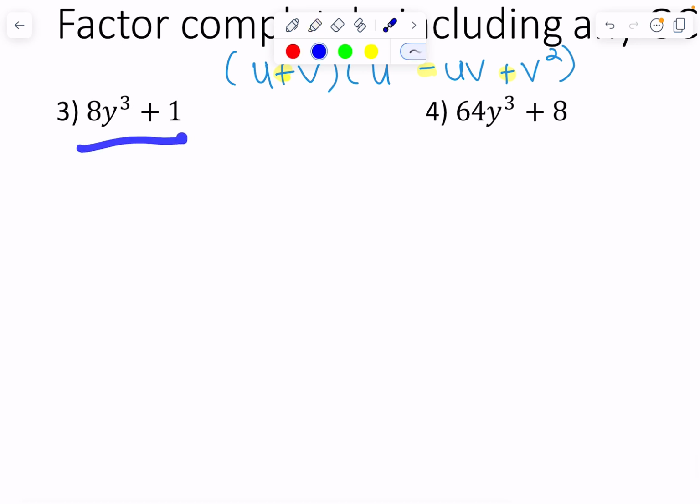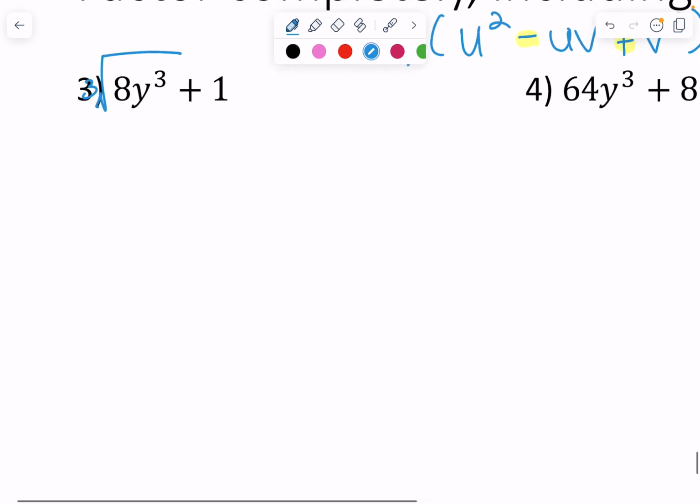I cannot. So then I'm going to see if this is sum or difference of cubes. It's definitely not difference of cubes because difference, there has to be subtraction. So now I'm going to take the cube root of this first term. Cube root of 8 is 2. Cube root of y cubed is y. Cube root of 1 is 1.